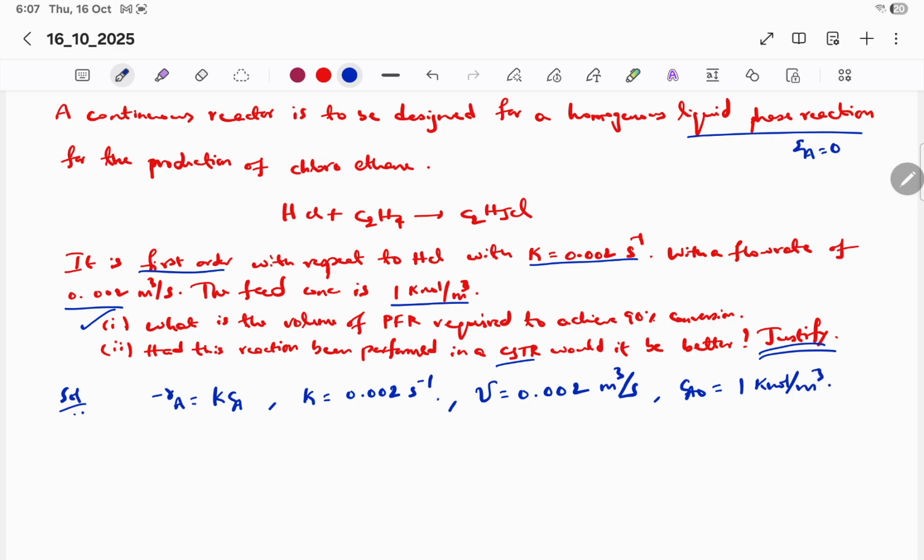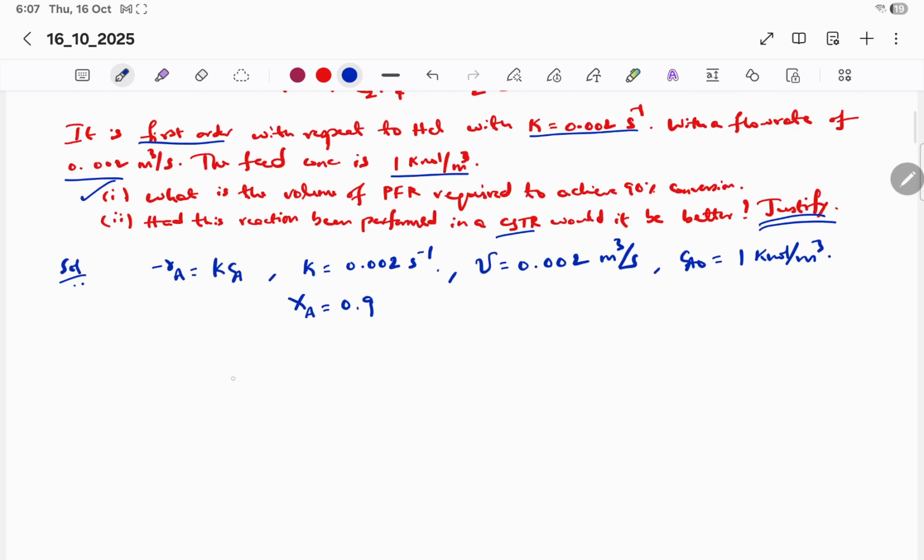In the first question it is asked what the volume of the PFR would be to get 90% conversion. So now I will write the performance equation.